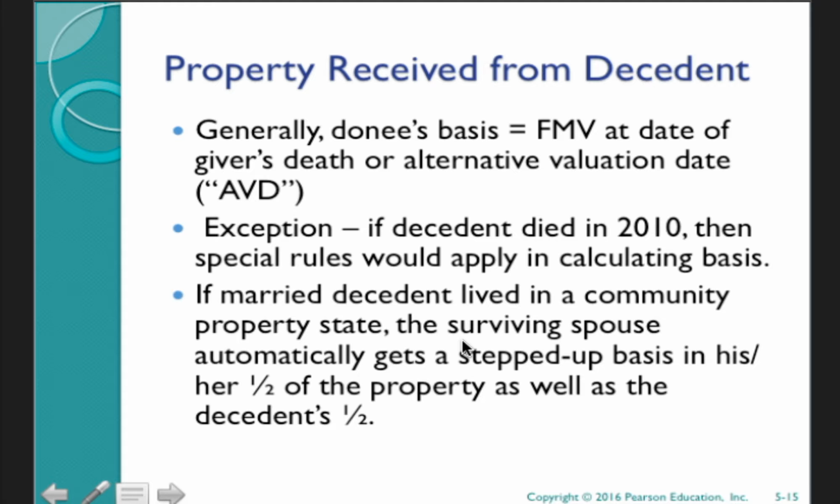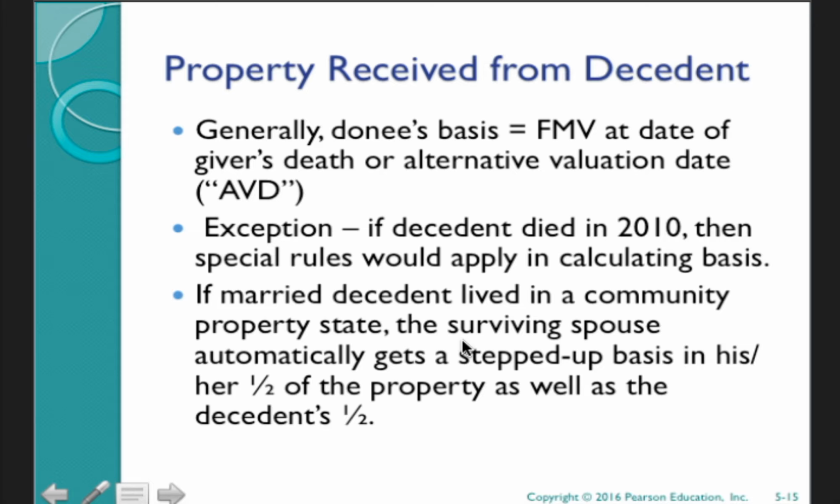So if a surviving spouse dies, half of the property that is in that person's will goes into, assuming that the decedent dies intestate or doesn't have a will, whatever their portion of the property that's allocated to them is stepped up.